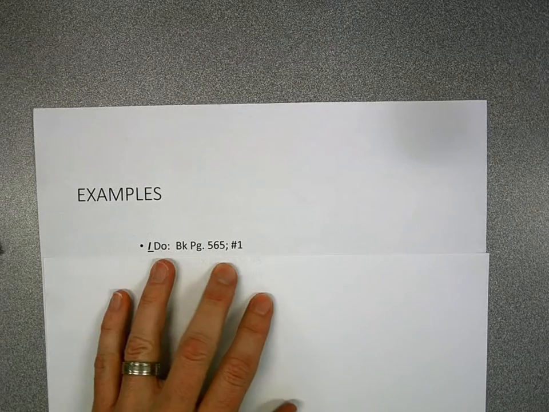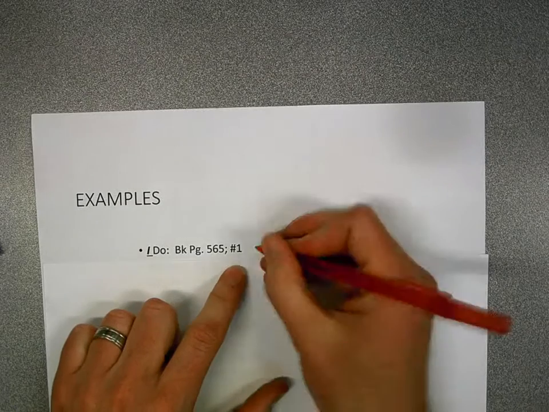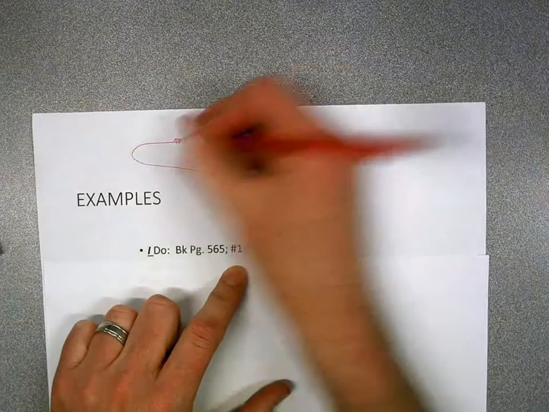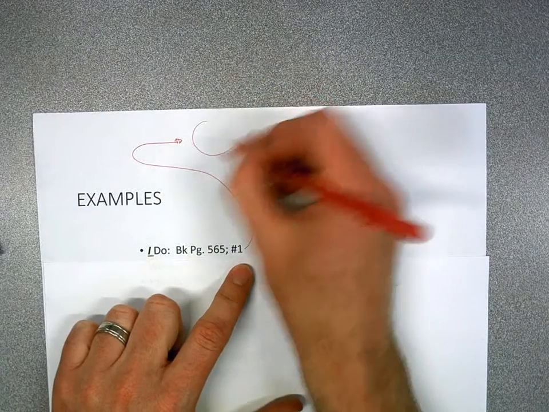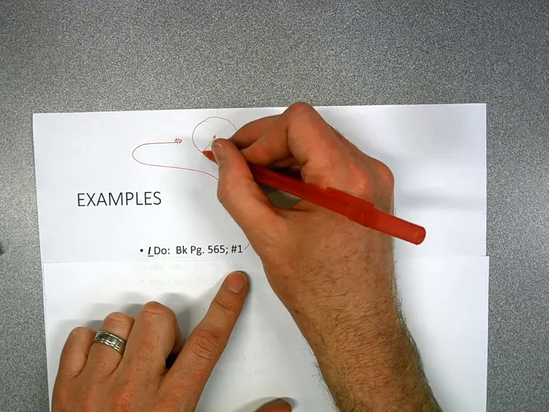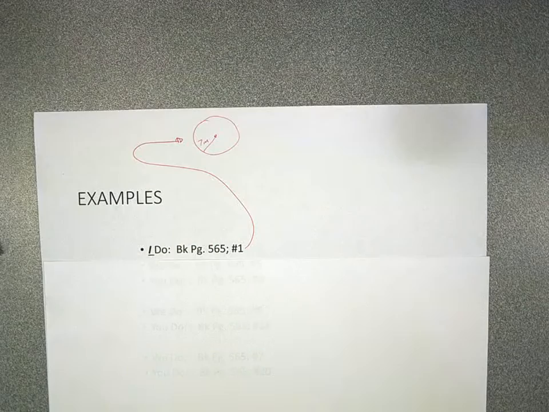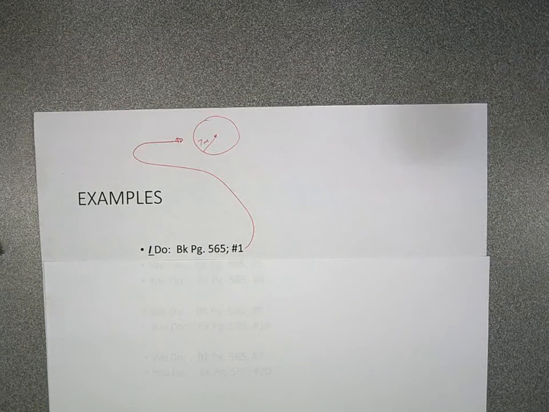All right? So, on number 1, on page 565, the directions say find the area of each circle round to the nearest tenth. All right, so they have a diagram that's drawn. It looks kind of like this, just my sketching here. Now that is a circle with a radius of 7 meters.